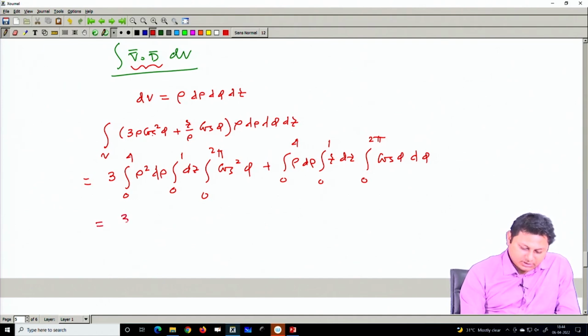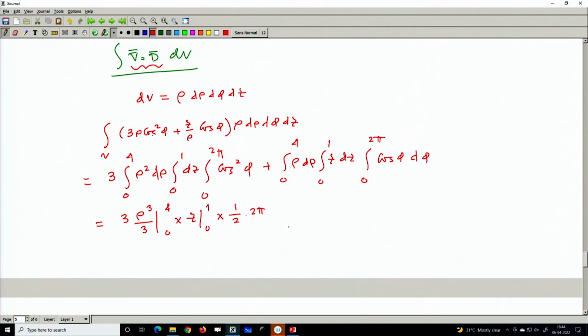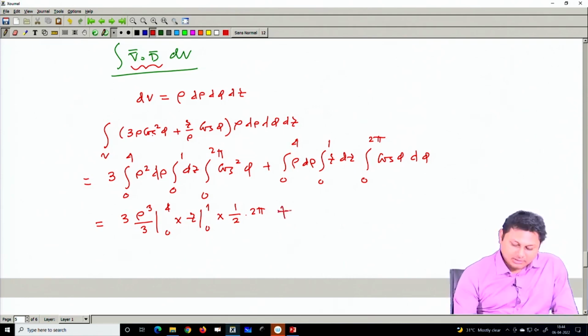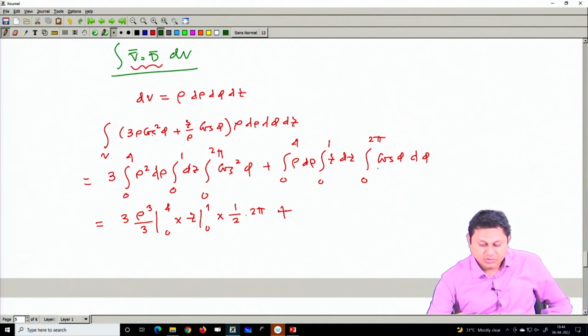So, we have 3 rho cube divided by 3, 0 to 4, multiplied by z 0 to 1, multiplied by half into 2 pi, and plus, here if you look carefully, you will see this is cos function and I am integrating 0 to 2 pi.